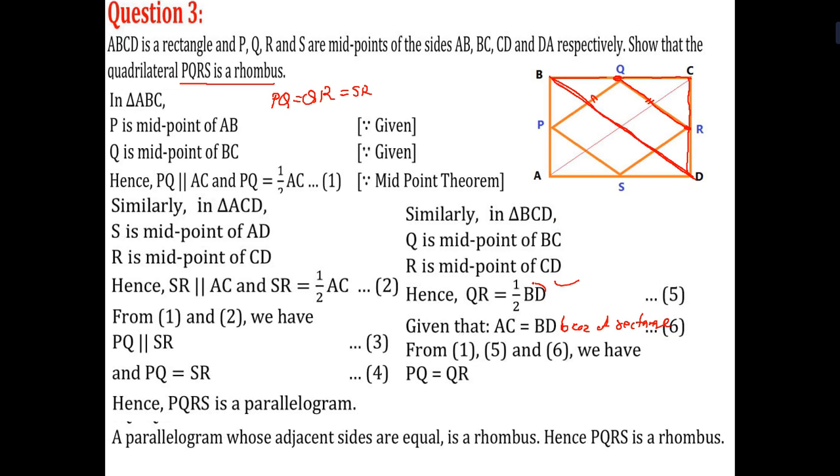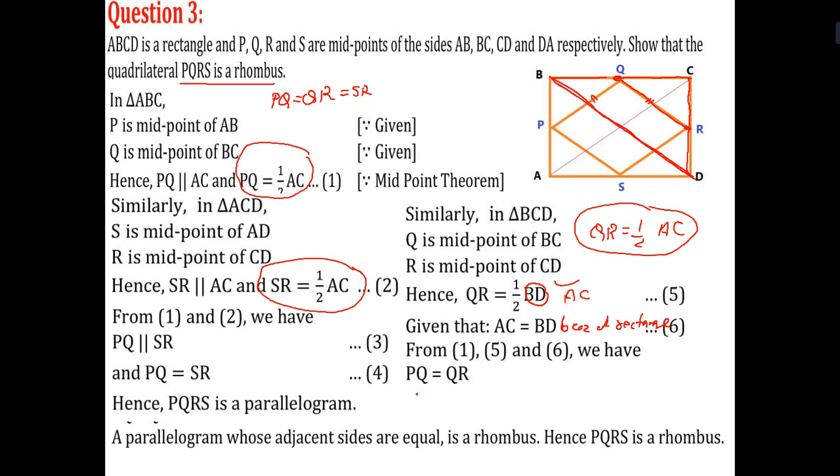So instead of BD, we can write AC. So QR is equal to half AC. So you will see PQ is equal to half AC, SR is equal to half AC and QR is equal to half AC. So PQ is equal to QR.